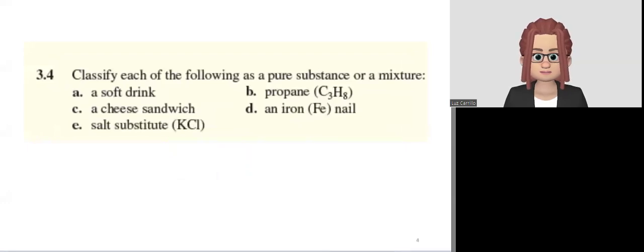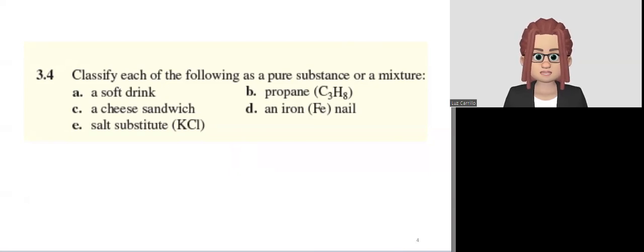To practice the classification of substances as pure substances or as mixtures, we are going to do example 3.4 from the textbook. As you can see, we have 5 different substances and then we need to classify them. I'm going to do letter A and B. On letter A, we have a soft drink, meaning soda.